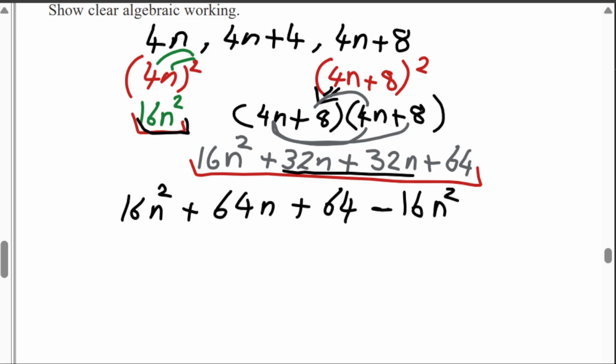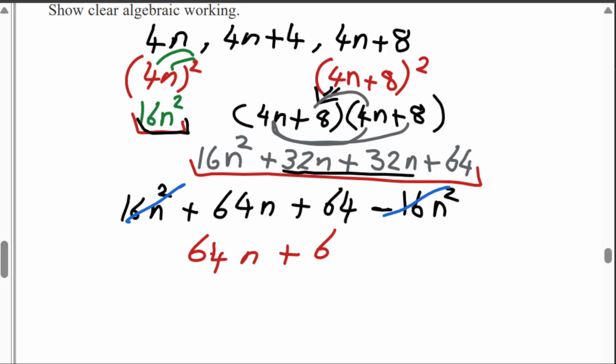Now the 16n squared cancels the 16n squared, and we end up with 64n plus 64.